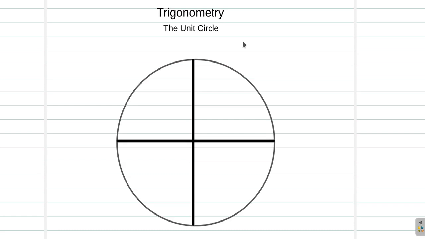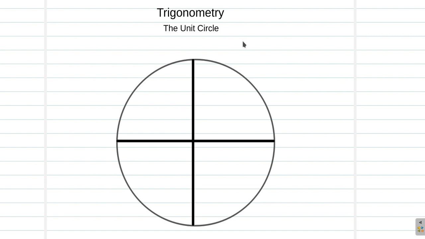Let's look at the unit circle that's used in trigonometry. Now, when it comes to trigonometry, the trig identities, trigonometric identities, understand that sometimes there are so-called circular identities, right?